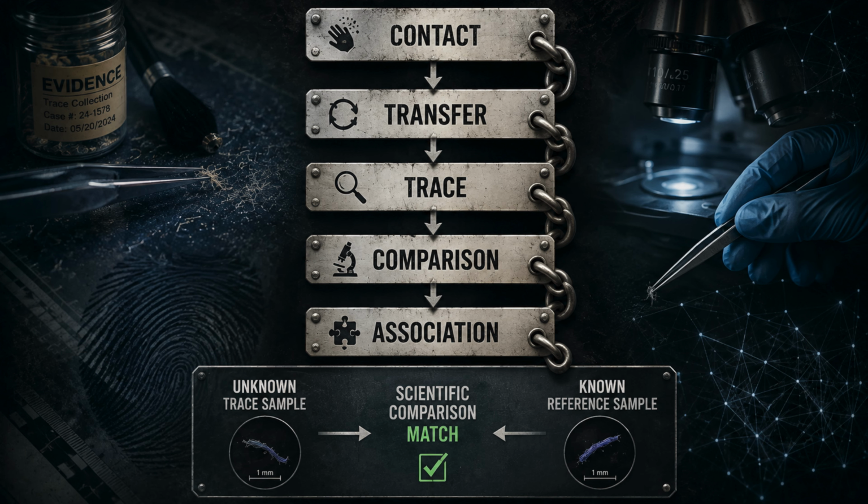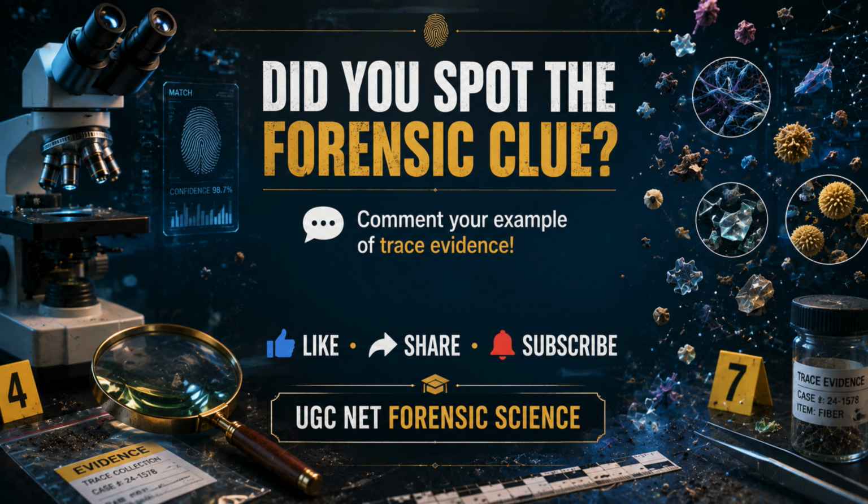That is the fundamental beauty of Locard's exchange principle. A crime scene may be silent, a suspect may say nothing, a witness may remember incorrectly, but those tiny physical traces can still preserve information about what had happened. And that is why in forensic science, the smallest clue may sometimes tell the biggest story.